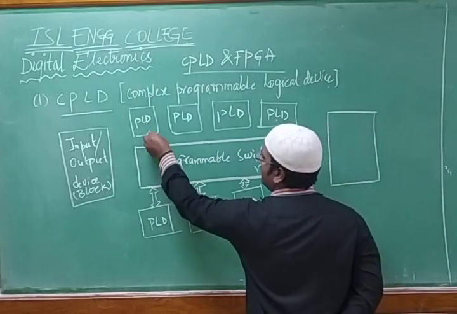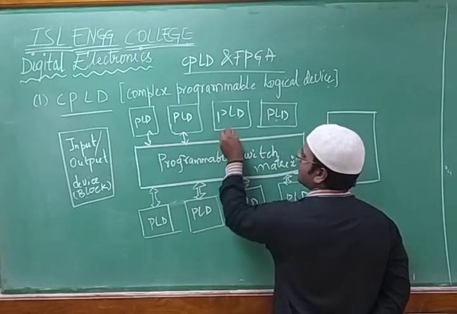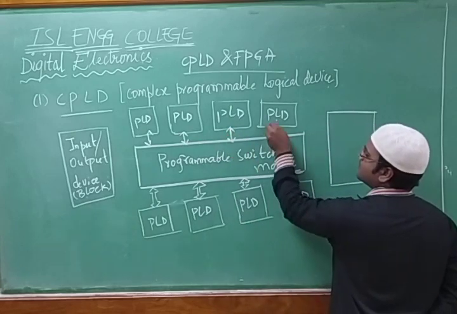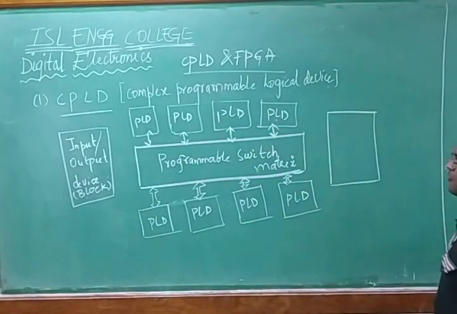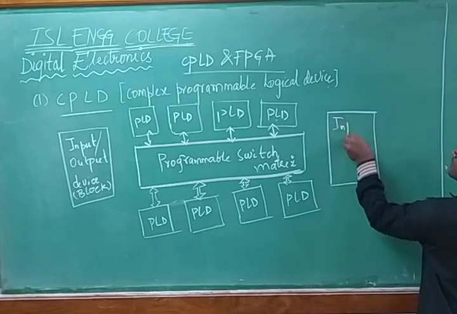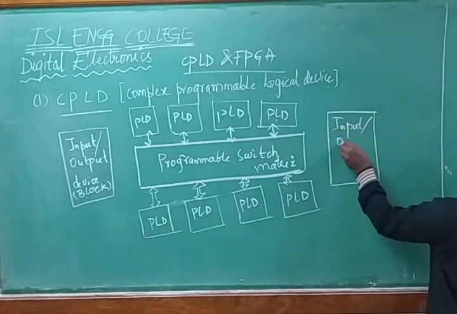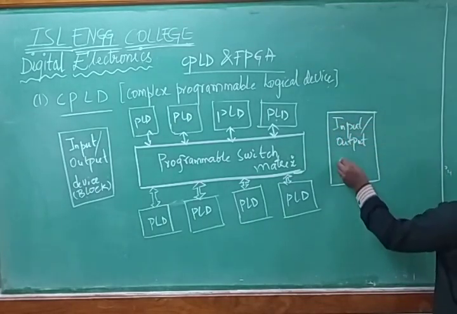So all of these are bidirectional, right? Here we also have a block called input output block.